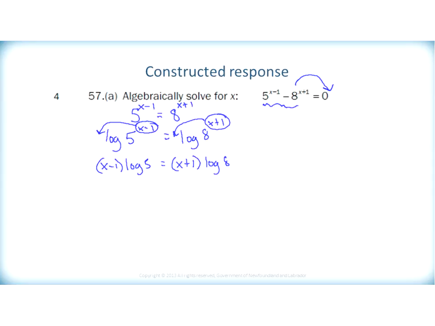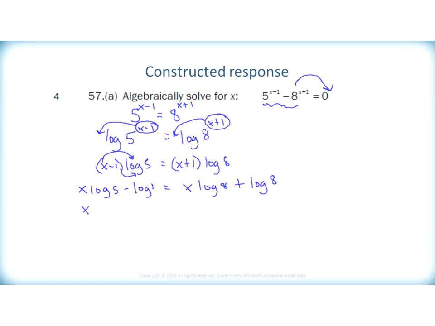Now we use the distributive property. This will give us x times log 5 subtract log 5. That's x times log 5 and 1 times log 5. And we have equals x log 8 plus log 8. Now we're going to move the log 5 to this side with the log 8, and we're going to move the x times log 8 over here.